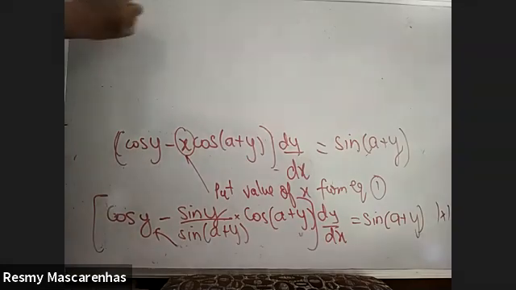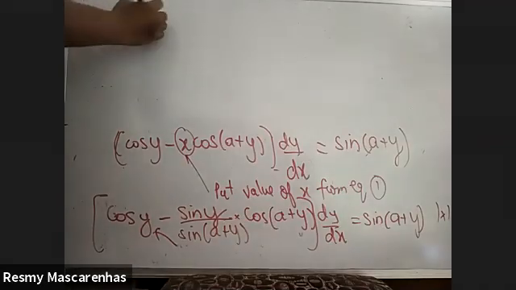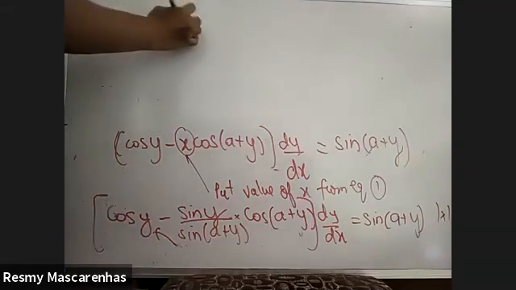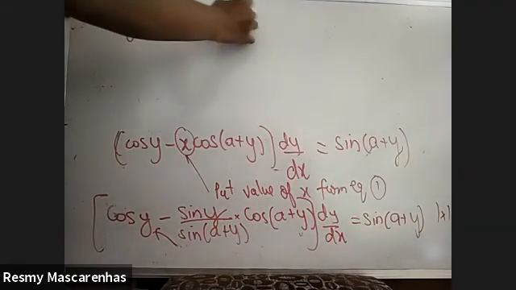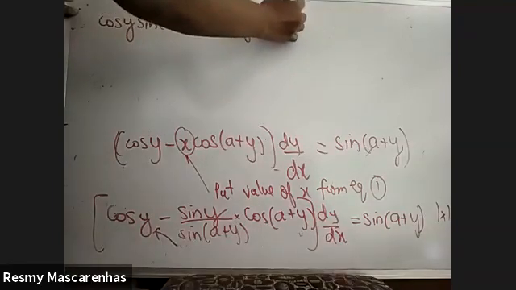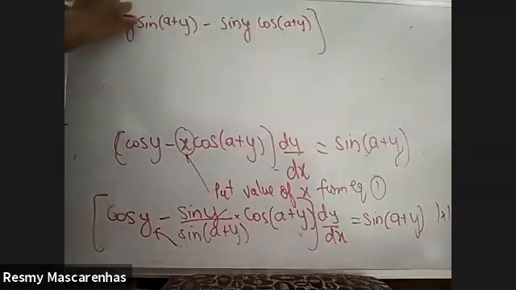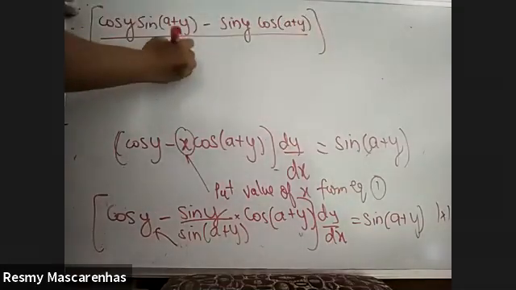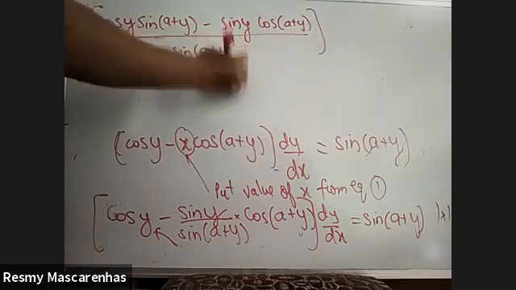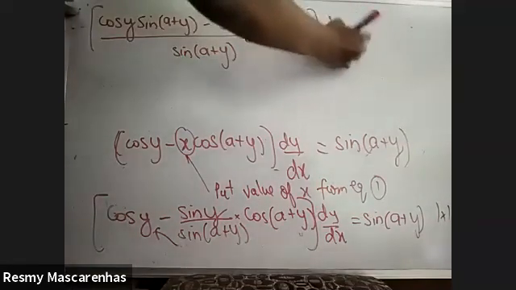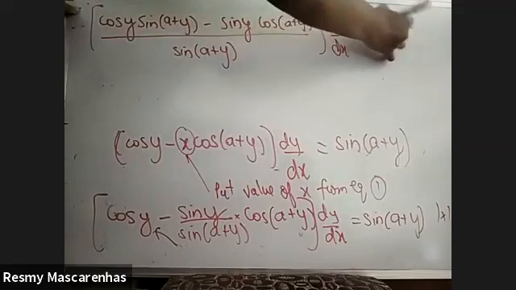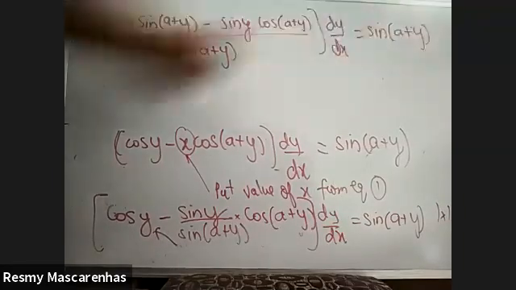So it will be cos y into sine of a plus y minus sine y into cos of a plus y upon sine of a, dy by dx is equal to sine of a plus y.